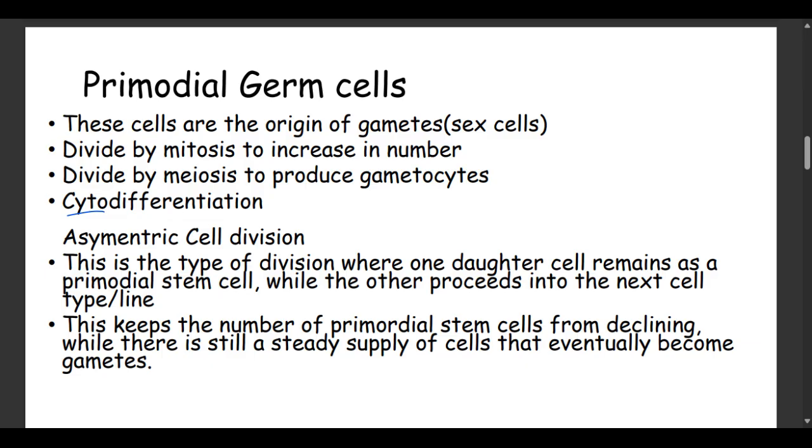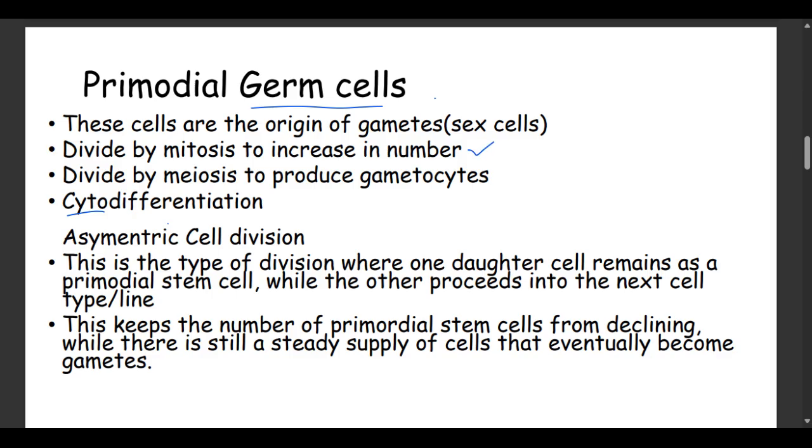Primordial germ cells, or PGCs, are contained in the sex organs of males or females, and they divide two ways: one by mitosis to increase their number, and two by meiosis to produce gametocytes. These are not the actual sex cells, but the origin cells through which you get the gametes.